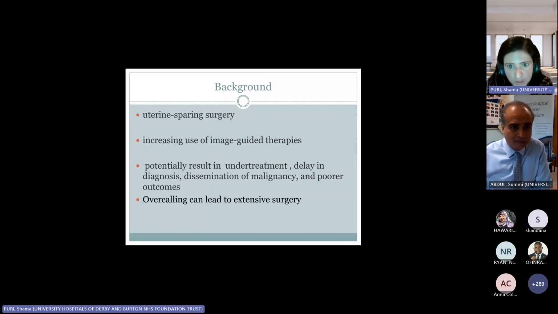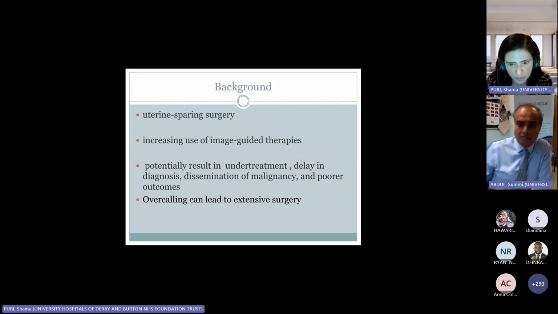To give you the background, we are using more and more uterine sparing surgery. We are doing myomectomy. We are doing morcellation more. We are also using image-guided therapies more, such as uterine artery embolization, focused ultrasound, MRI laser. If we presume a sarcoma to be a fibroid, it can potentially result in dissemination of malignancy or delay in diagnosis.